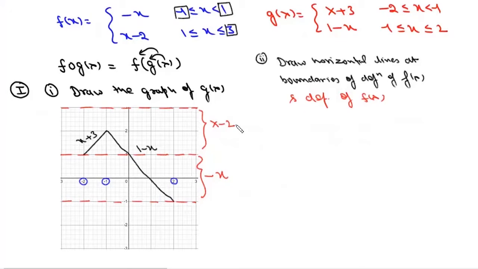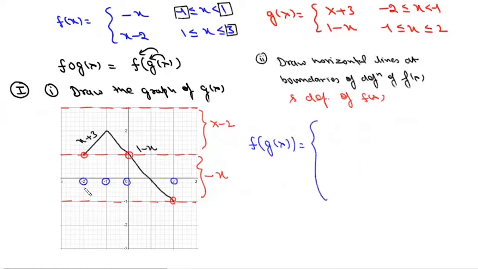Now, we'll mark all those points where these lines are going to intersect the graph of g(x). Now, they're intersecting at this point, and at this point, and at this point. So we have already marked this point. Now this is x equals 0, and this point is x equals 2. So now we'll start writing the definition of f of g(x).